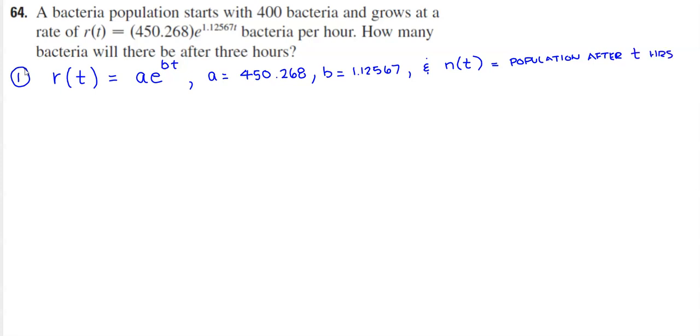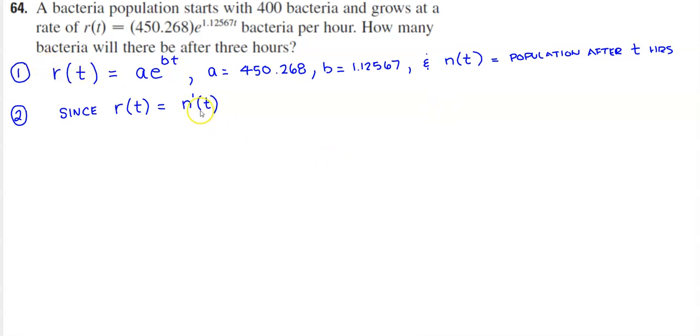Now we know that R of t is equal to the derivative of that population after t hours. So what does this look like?